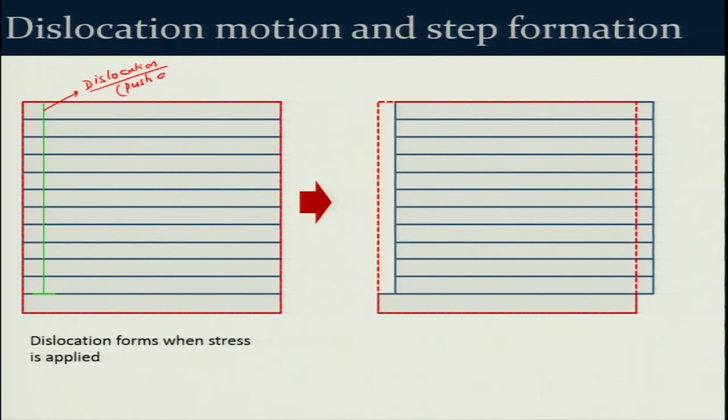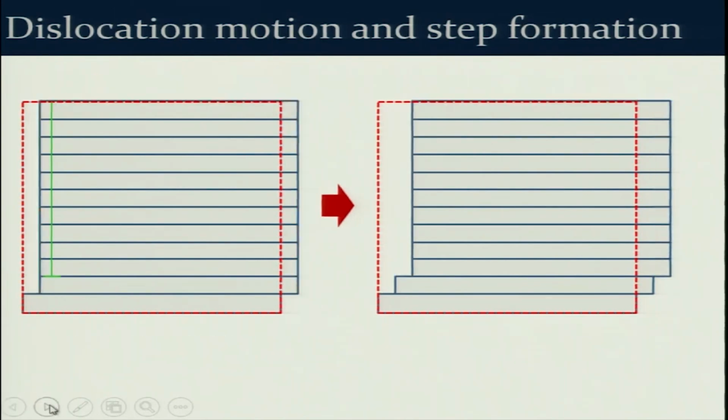You can't bring atoms from anywhere, so it has to come from within the crystal. So, push an extra row of atoms. A dislocation will form when you apply stress. These are various stacks of planes, okay. When you apply stress, this dislocation will move out and it will create a step in this direction.